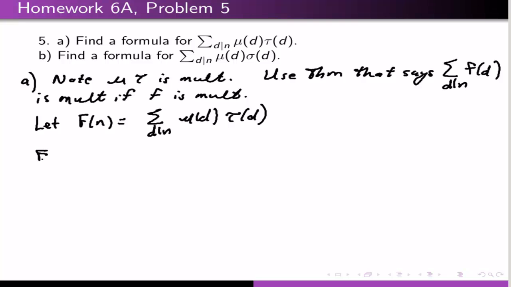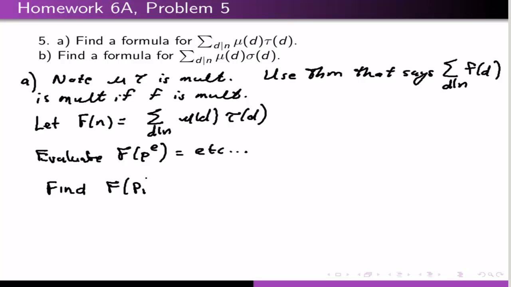And so just evaluate f at a prime power, equals, etc., and then use the multiplicative property to find f of n then: p1 to the e1 through pk to the ek equals the product of the f values over the different prime powers. And then part B is a standard result, standard technique as well.